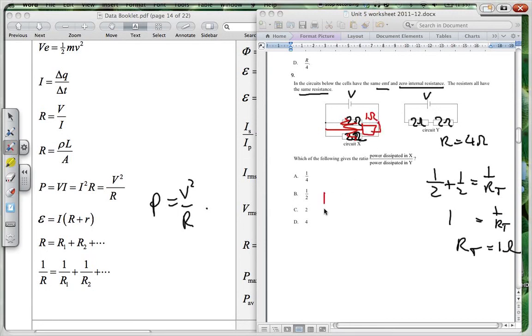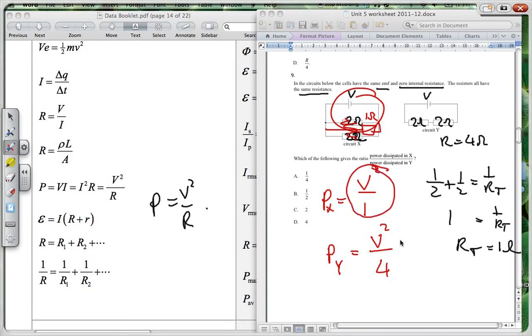So when I look at the power in this one over here for X, it's going to be V squared over 1, and for the power in Y, it's going to be the same V squared but over 4. So we're going to have, therefore, the power in X is going to be 4 times greater than the power in Y. So D would be your correct answer there.